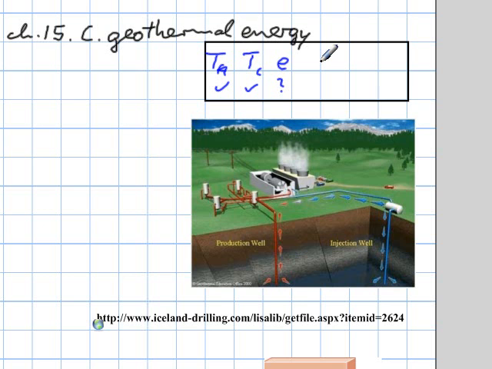Then what else we have given is the output power of the plant, 84,000 kilowatts. So we have given capital P for power.